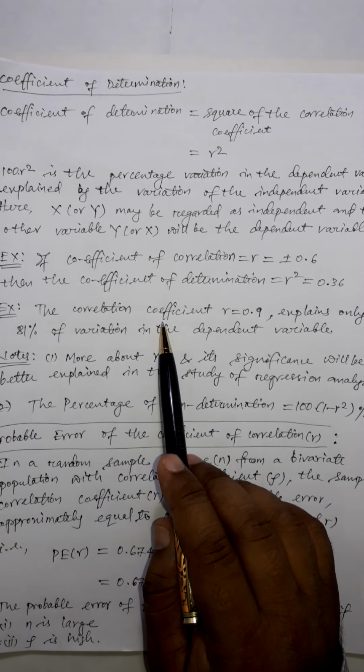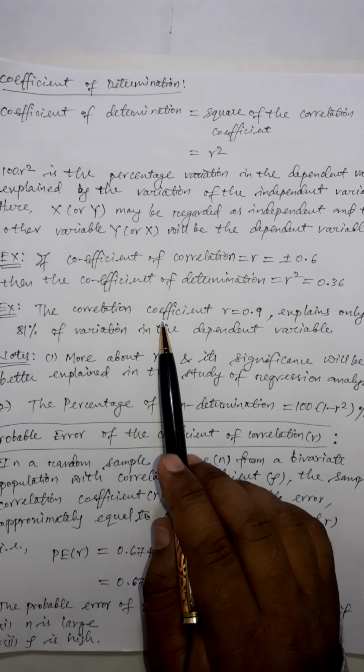So 81% of variation in the dependent variable with respect to the independent variable. So in this way, this percentage variation and coefficient of determination help us see how one variable is changing with respect to the other variable in terms of percentage. This is a good way of observing the change in one variable with respect to the other.